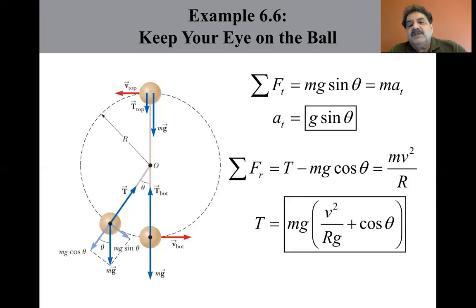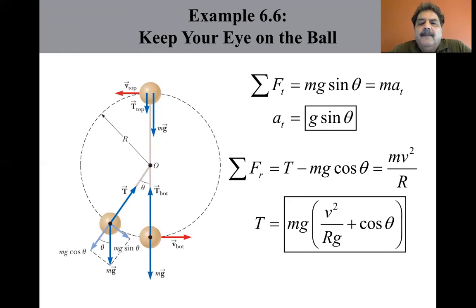So the forces in the radial direction are the tension and mg cosine theta, and that's equal to mv squared over r, which you should recognize by now as m times the radial acceleration, the centripetal acceleration. So the tension is equal to mg (v squared over rg plus cosine theta).